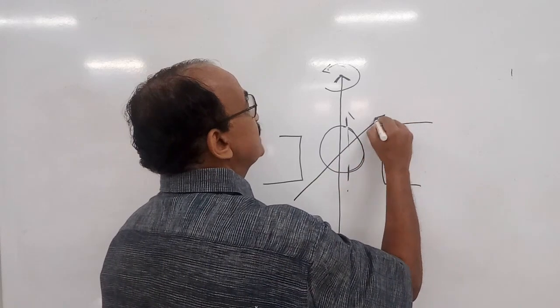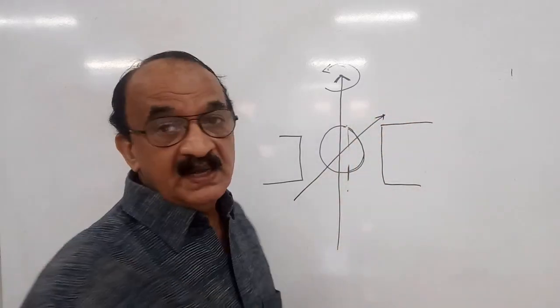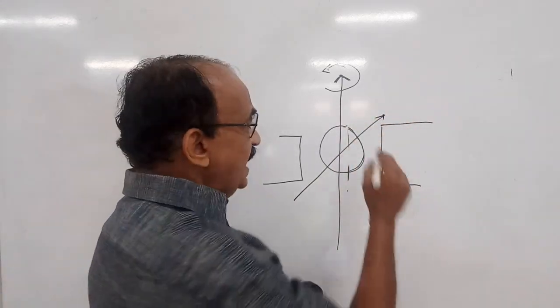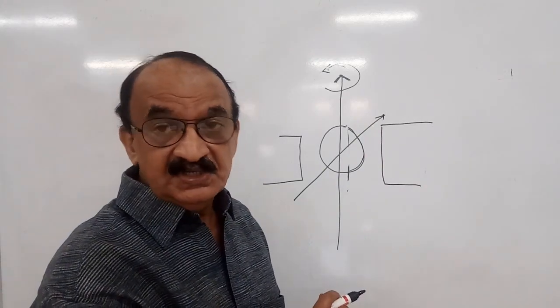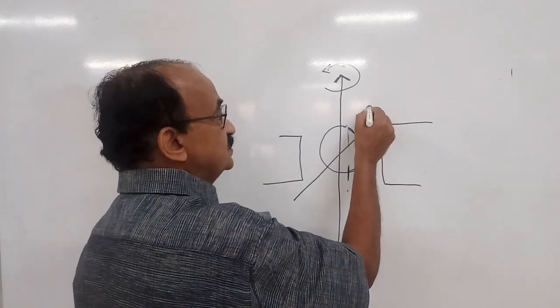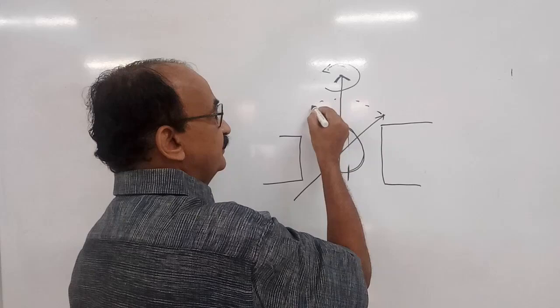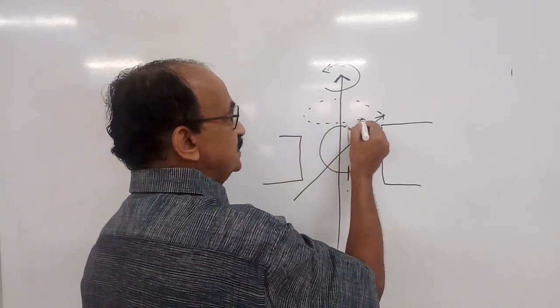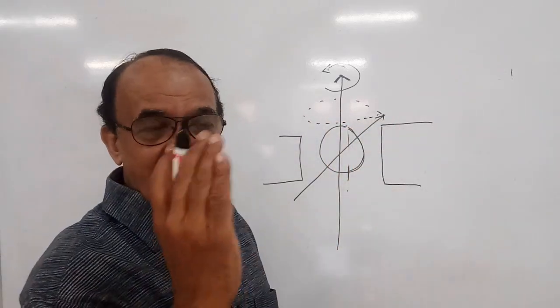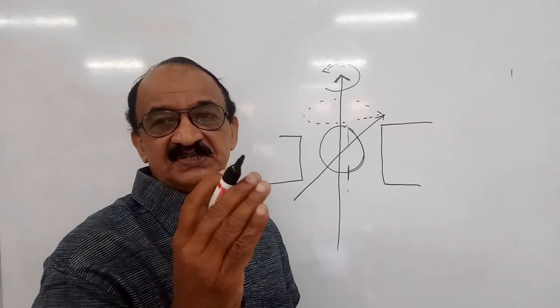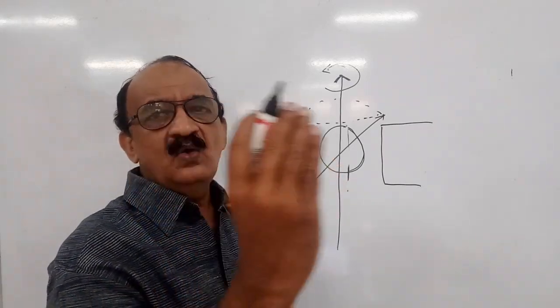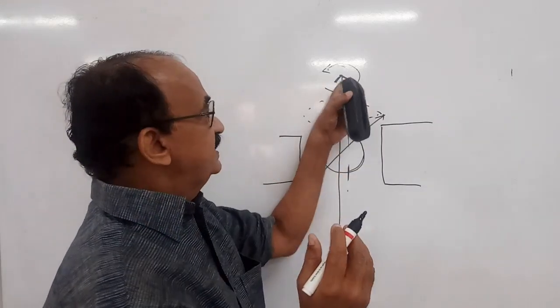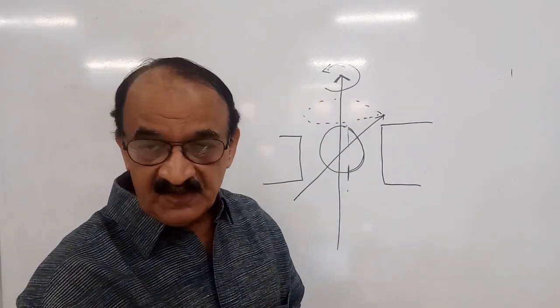So this is the position of the magnetic moment vector, and that magnetic moment vector starts moving around the spin axis. The magnetic moment vector is not at all stationary. It is moving around the spin axis or the direction of the applied magnetic field.